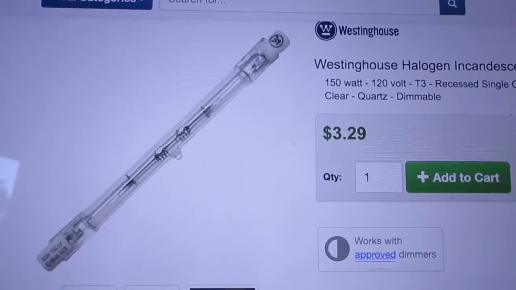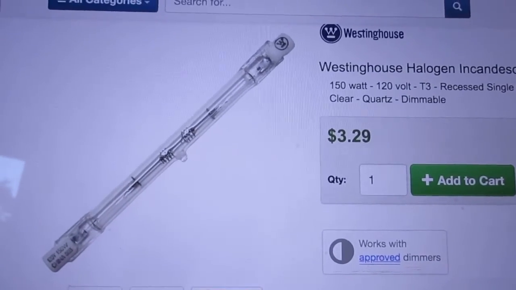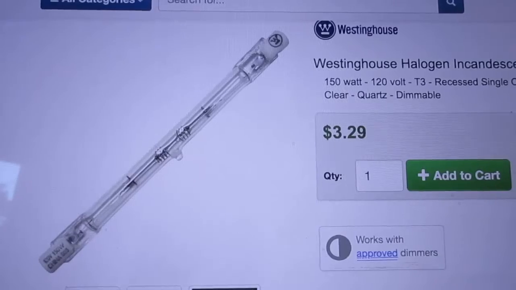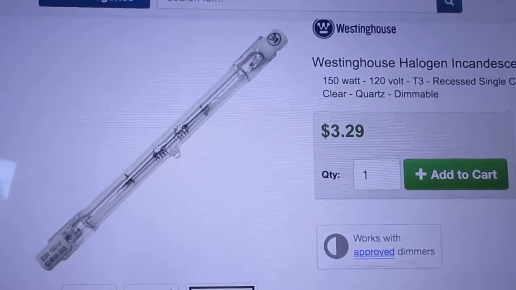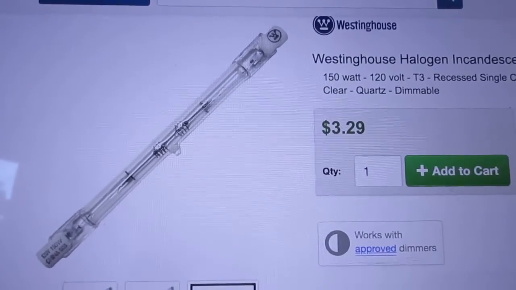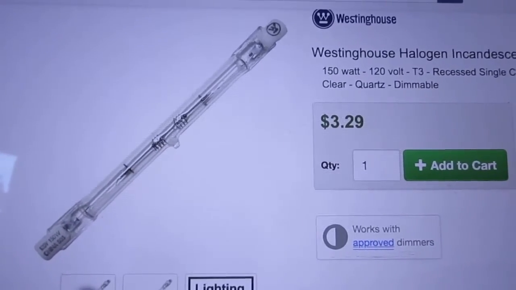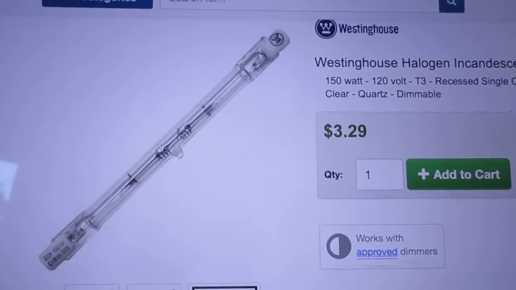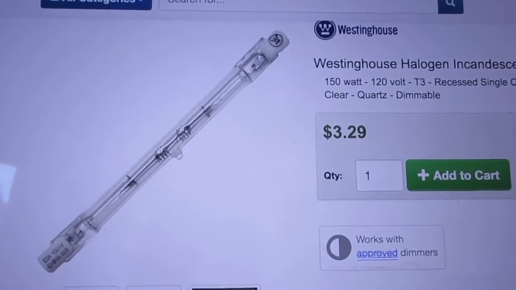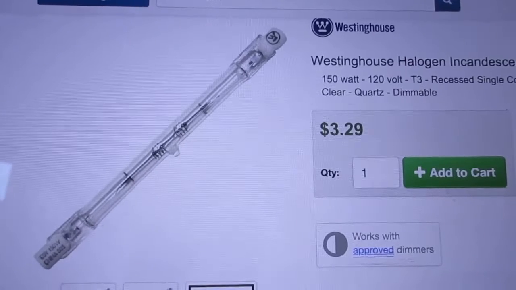This is 150 watts. Cost $3.29. The one I have outside is 300 watts. Light is very bright. They get extremely hot because it's incandescent.